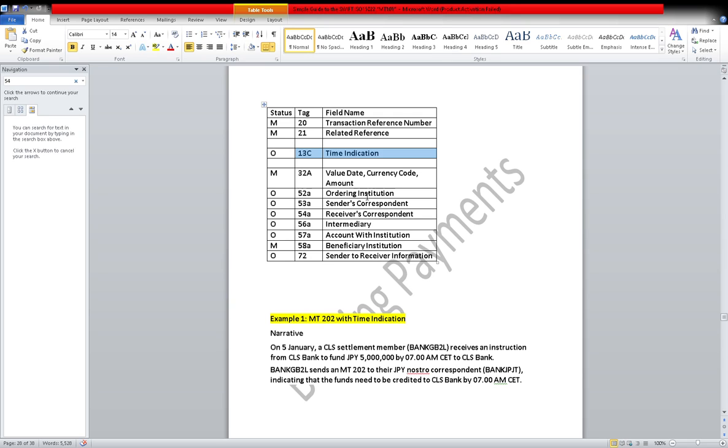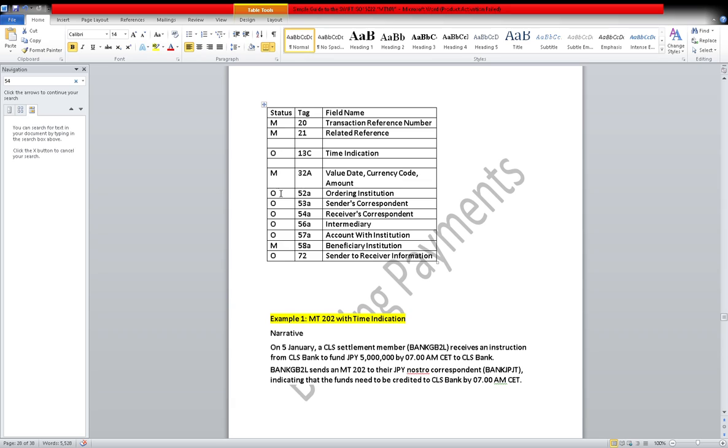52A is the ordering institution. 53A is the sender's correspondent. If you don't have a direct relationship, correspondents are there. And how the correspondents look, we saw it. Here bank B and bank C are correspondents.